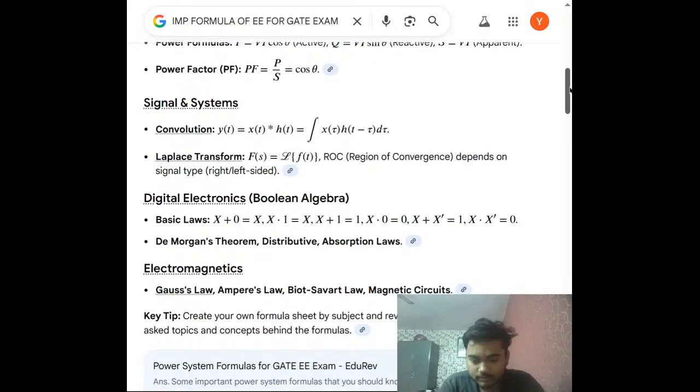Power factor. Power factor, PF, equals P upon S, which is cos phi. What is power factor? Power factor should be 1 to have the minimum losses. If the current is ahead of the voltage, that's a leading current, leading power factor.